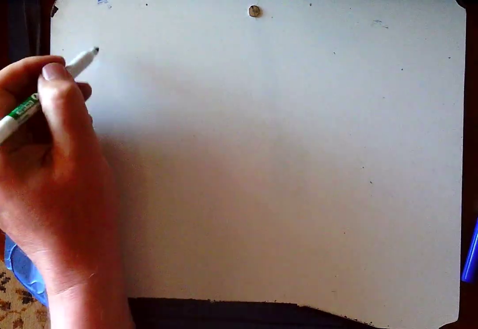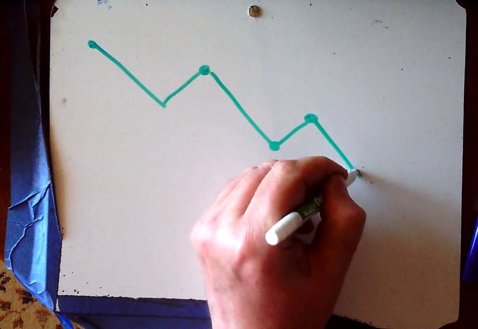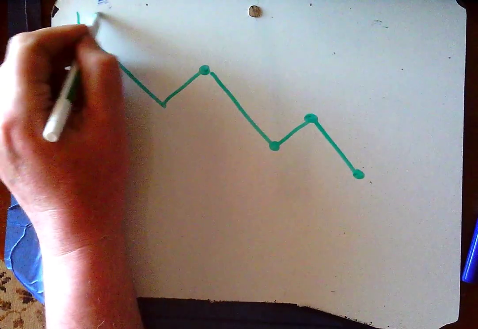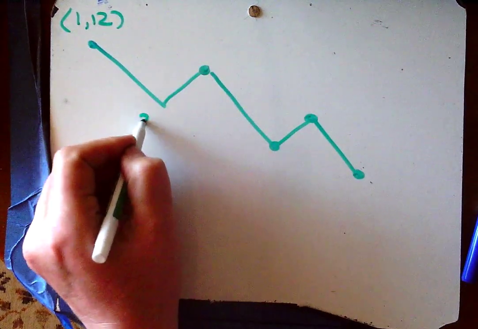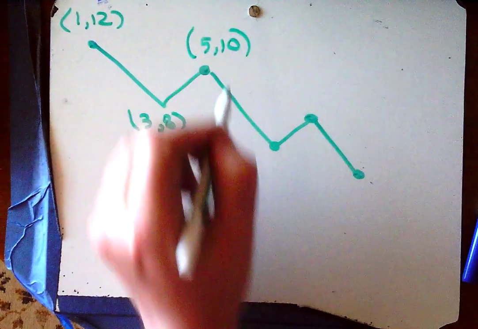So now it's time to do some naming. Okay? Here's a function. And this is 1, 12. And this is 3, 8. And this is 5, 10.